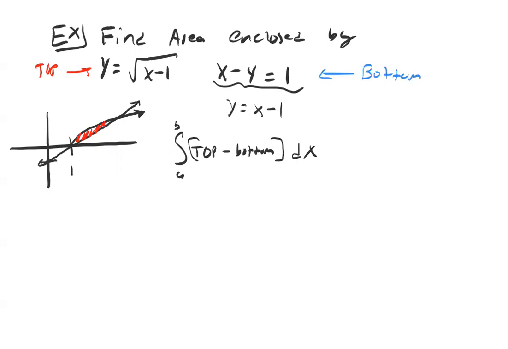So the last thing we need to do is figure out what a and b are, what our area of integration is. So to do that, we're going to find integration bounds. We're going to set the functions equal to each other.